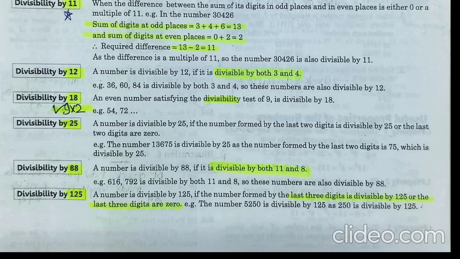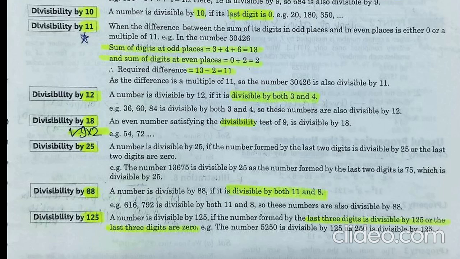Now, first point, the divisibility by 2. A number is divisible by 2 when the digit at the unit place is 0, 2, 4, 6 or 8. Now 3. A number is divisible by 3 when the sum of all the digits is divisible by 3.